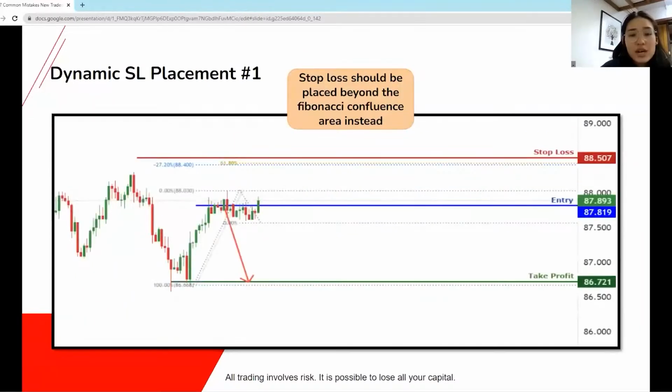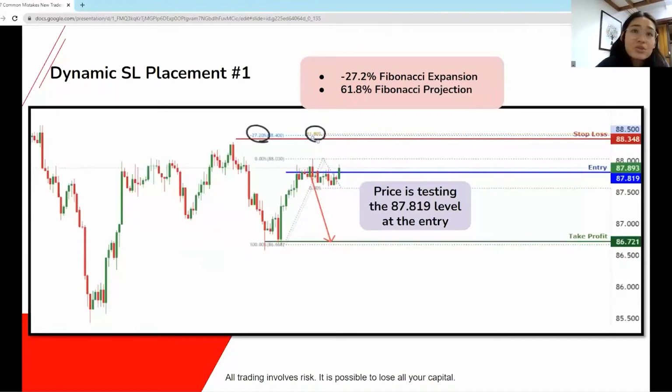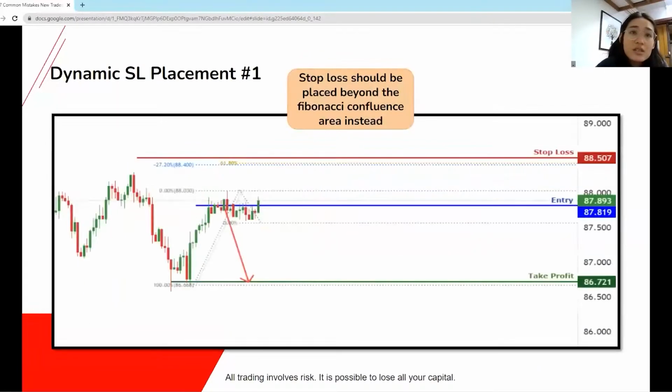So instead of putting our stop loss exactly at the Fibonacci confluence area, we want to move it beyond it instead, and we'll show you why in the next slide so you can compare the two. Here we have the stop loss under it, whereas here we want it to be beyond or above.